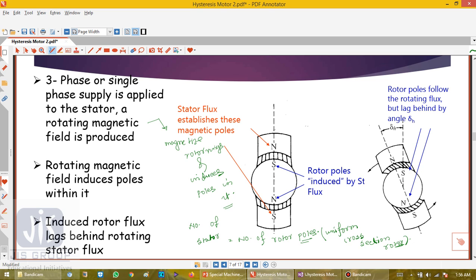This induced rotor flux lags behind the rotating stator flux because of the hysteresis loss in the motor.